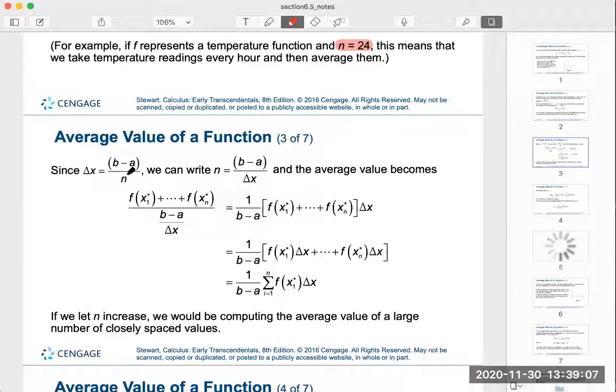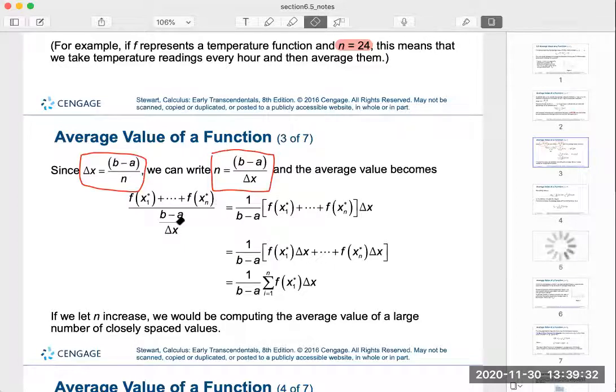Therefore, we can find n from this formula, which is the quotient b minus a divided by delta x. Delta x is given, so we can compute n here.